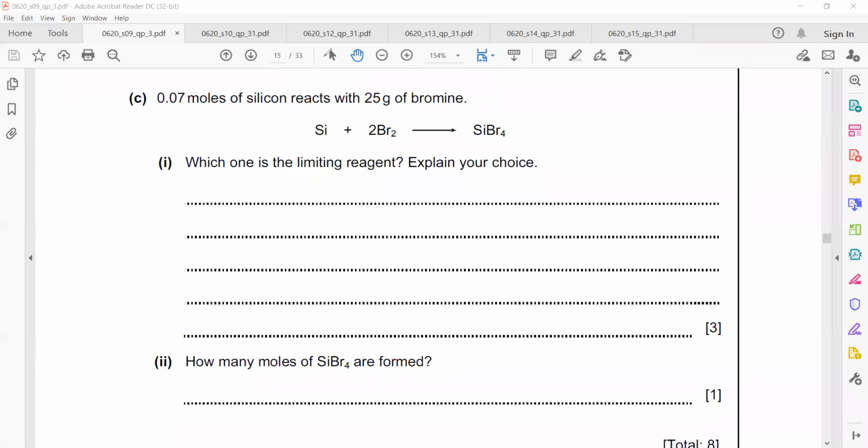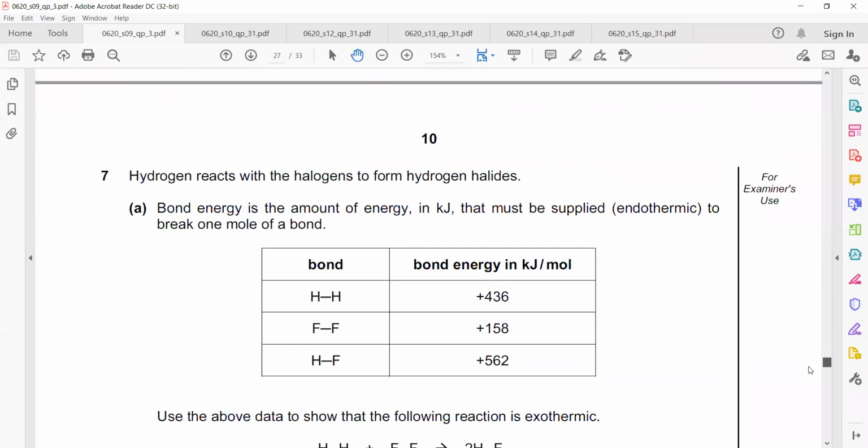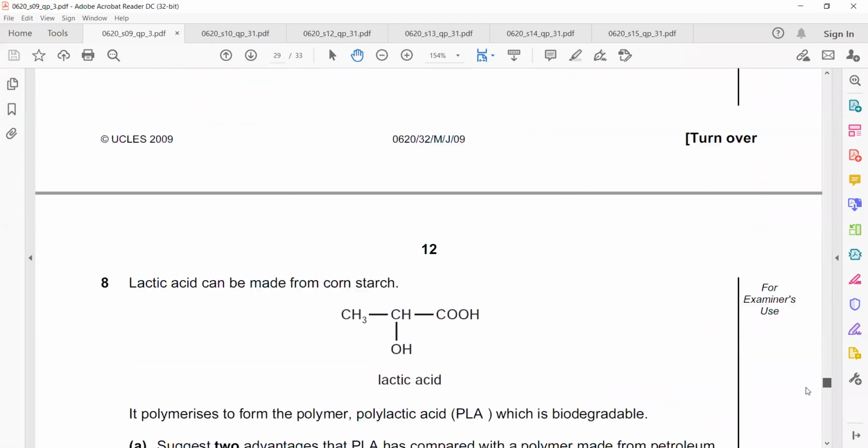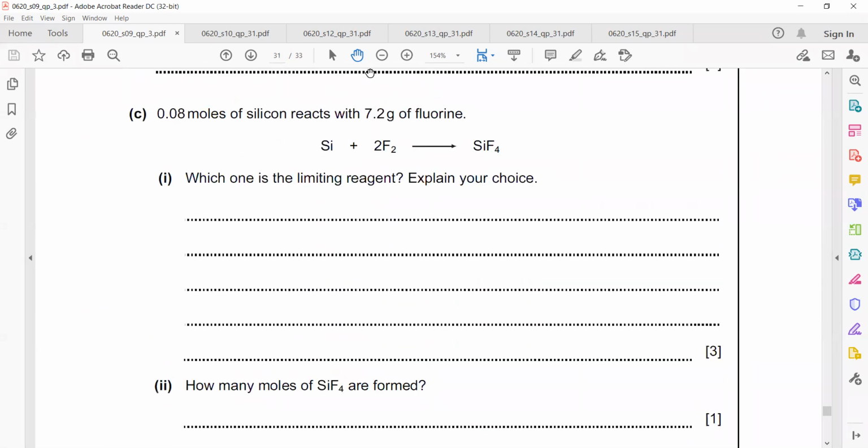A similar question in the second variant you will find: instead of bromine they give fluorine. In this question, 0.08 moles of silicon reacted with 7.2 grams of fluorine. Which one is the limiting reagent?